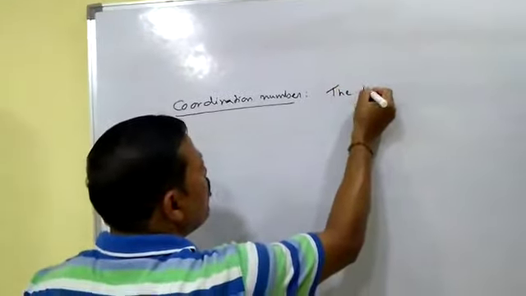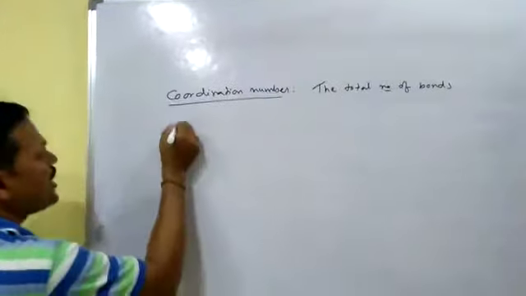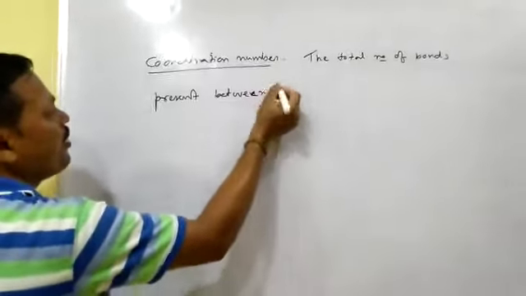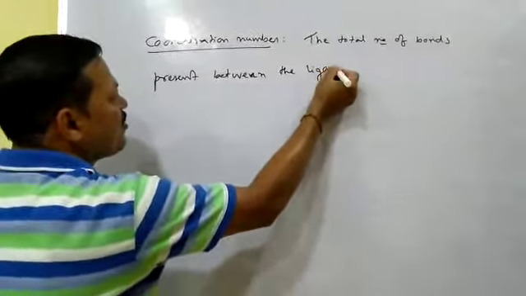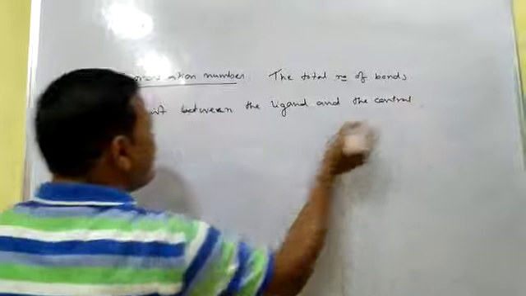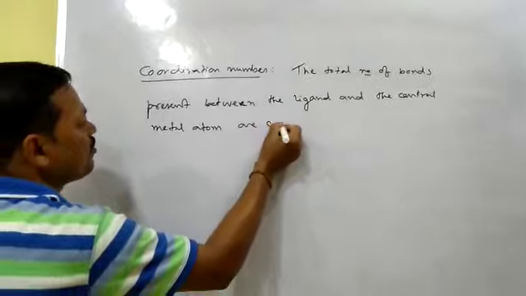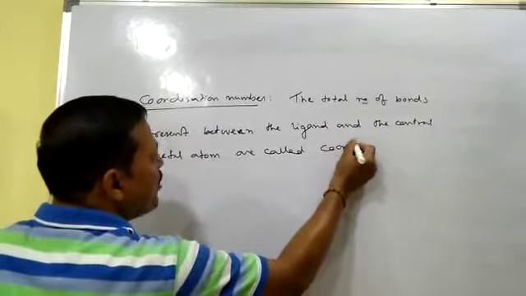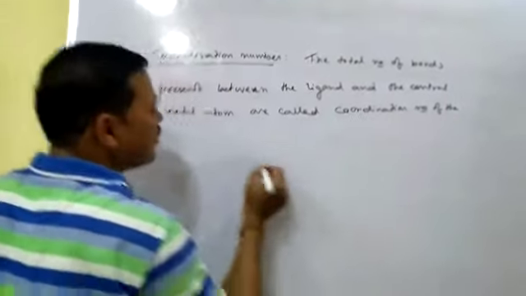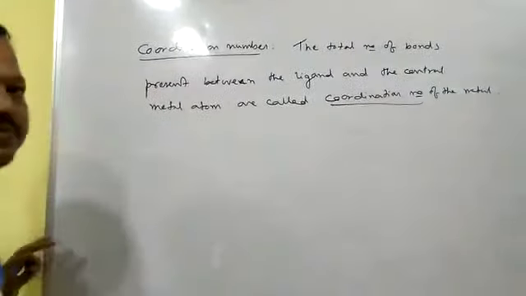The total number of bonds present between the ligand and the central metal atom is called the coordination number of the metal. Coordination number of the metal.